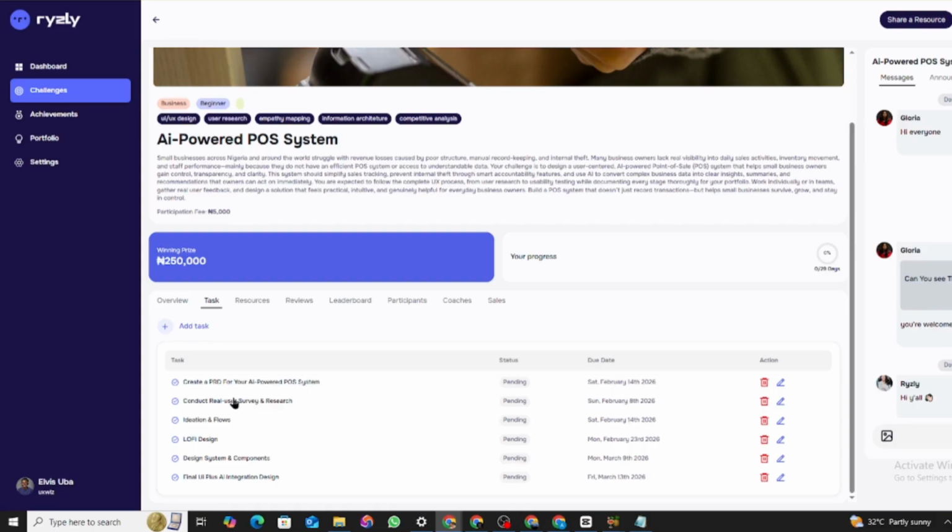Now, in stage 2, you are going to be doing your UX research, and I'll be discussing what UX research is all about. Even though UX research is very deep, it's not something that can be discussed in a 10-minute video. It is a whole spectrum of user design. So before you do your design, you can first of all do your user research.